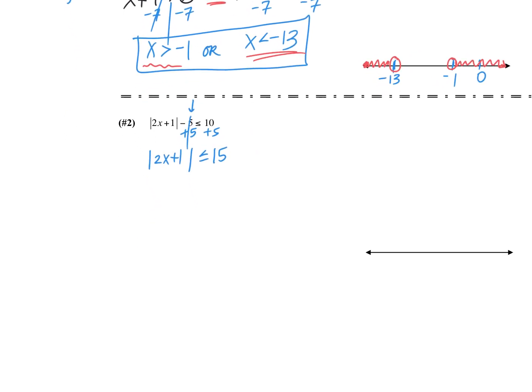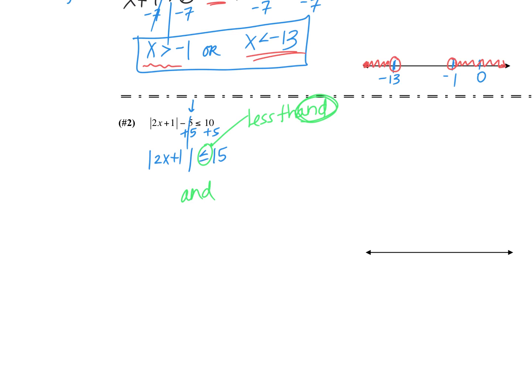All right, now I can make my decision. Is this an and or is this an or? Hopefully you're looking at this symbol right there. When we pronounce that, we say less than. So this is an and. All right, so I'm going to put an and in the middle, and then I'm going to rewrite my two inequalities.